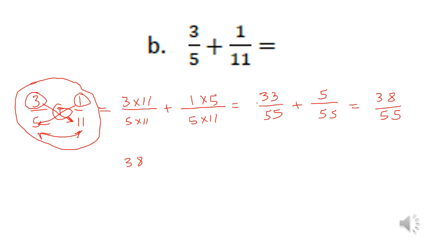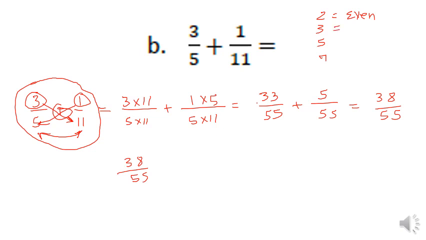We have 38 55ths. Now we talked about this. We're going to worry about prime numbers such as 2, 3, 5, and 7. For 2, they both have to be even to be divisible by 2. And we can see here 55 is not even, so it is not going to be divisible by 2.